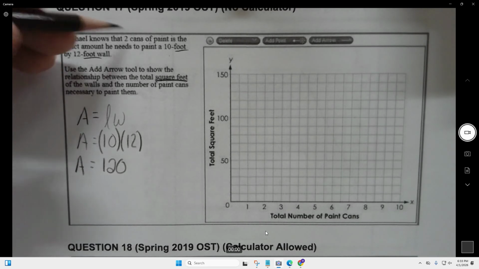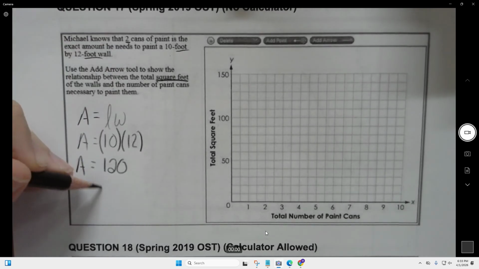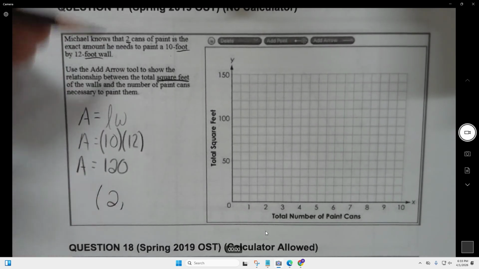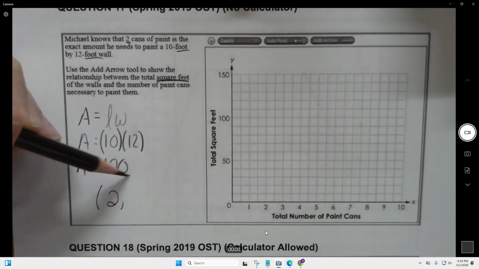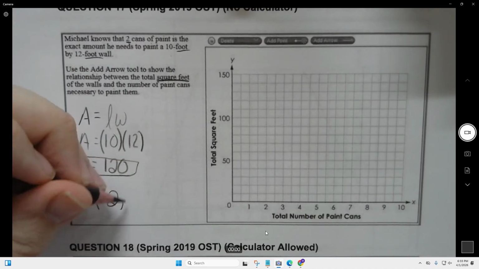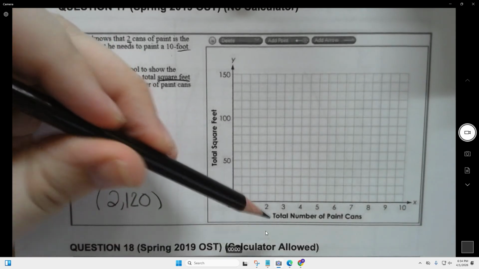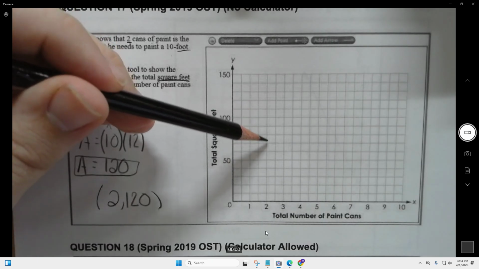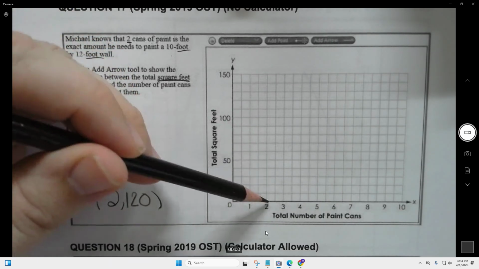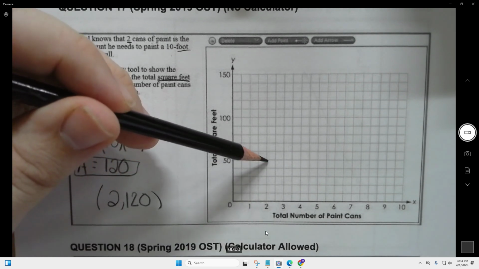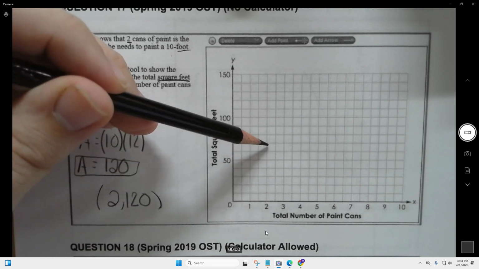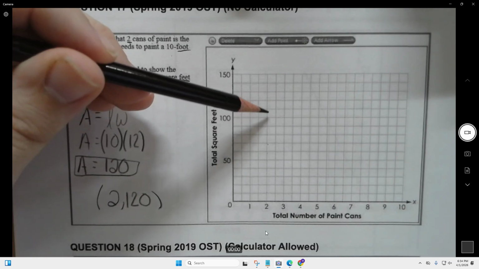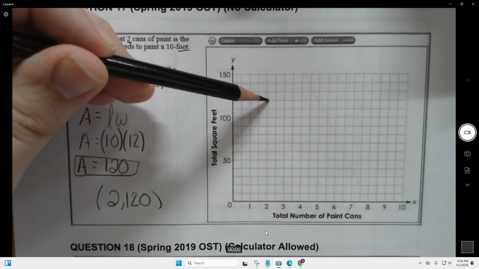So we know that you need 2 cans to paint a wall with an area of 120. So we look for 2, and we look for 120. It looks like each box is 10: 10, 20, 30, 40, 50, 60, 70, 80, 90, 100, 120.